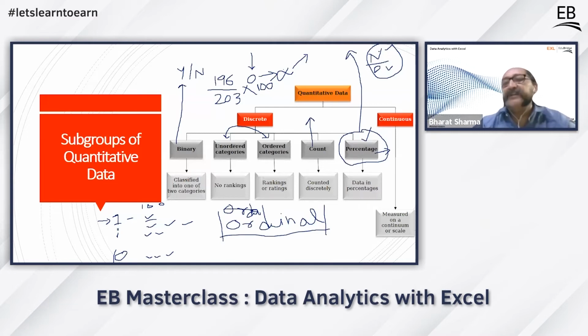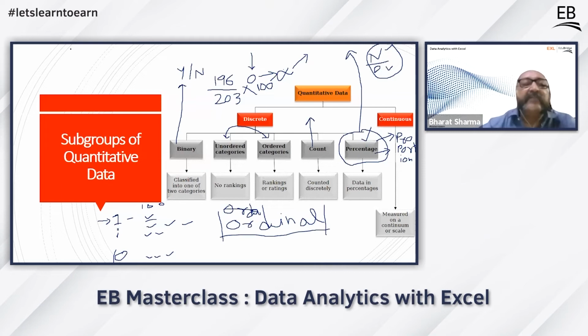There are three combinations, or proportion, as I prefer to call it, proportions rather than percentage. Though we always term it in the form of a percentage, I prefer to call it a proportion.